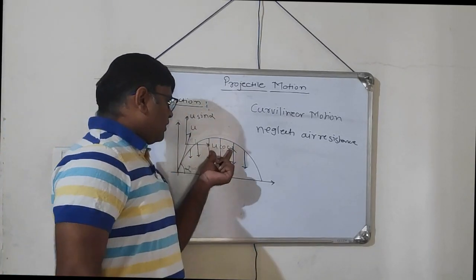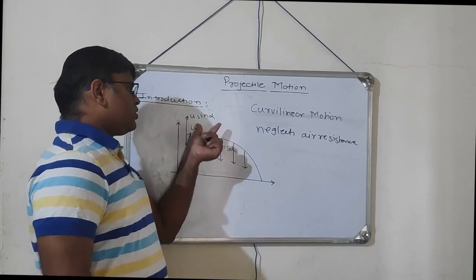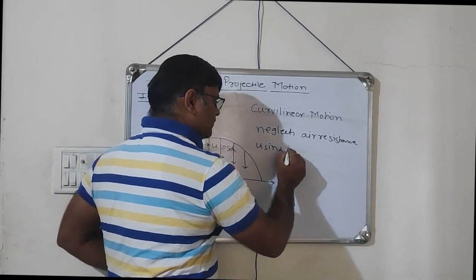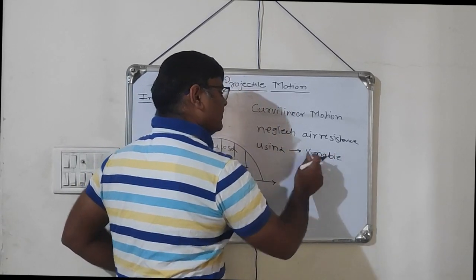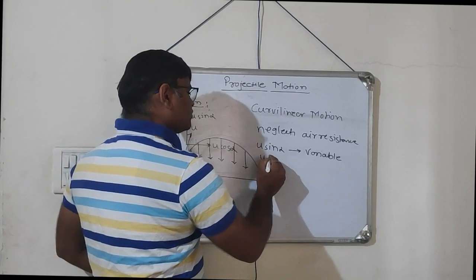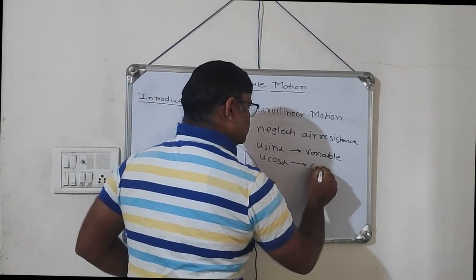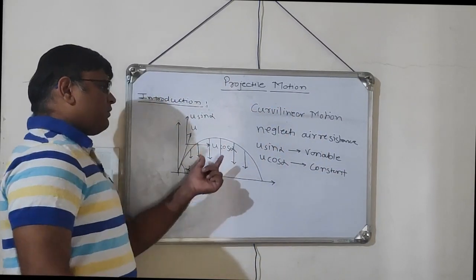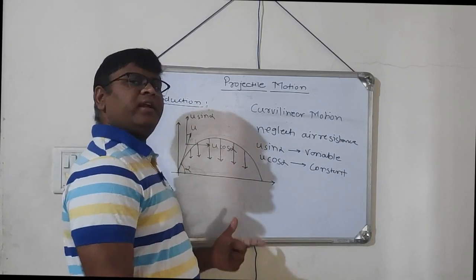So the vertical component is not constant. u sin alpha is variable. But u cos alpha is constant. Whatever acceleration happens, it is acceleration due to gravity in the vertical direction.